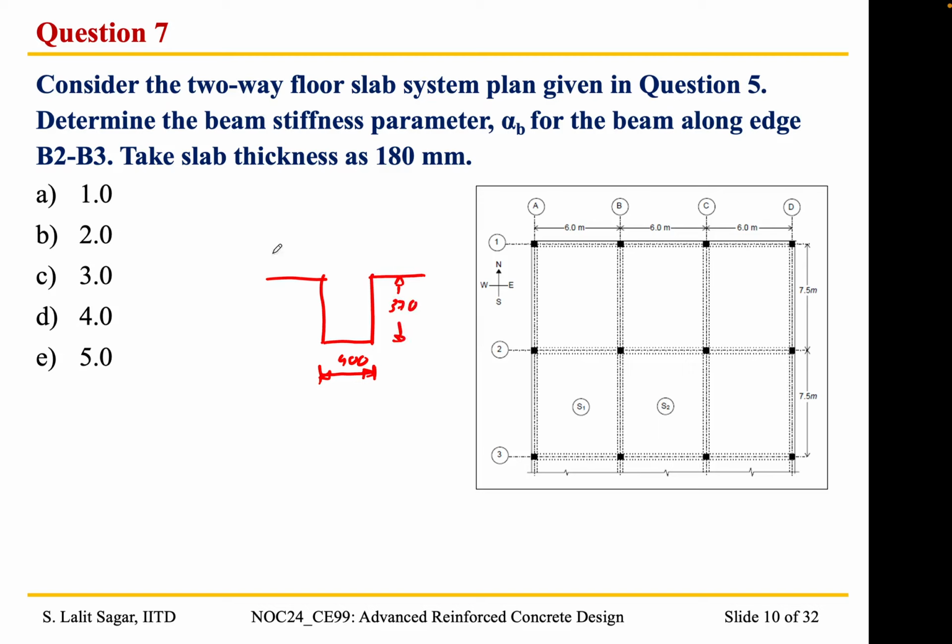The width of the flanges, BW plus 2 into DW, gives me a value of 1140. It is exactly the same as the previous one, and the thickness of the slab is 180 mm.